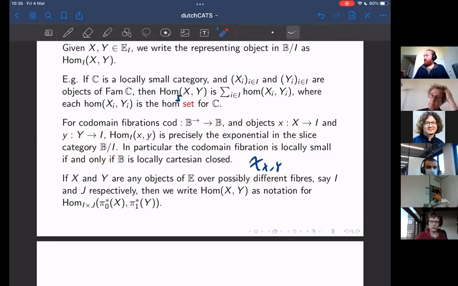As a corollary of this, a codomain fibration is locally small if and only if its base B is locally Cartesian closed.